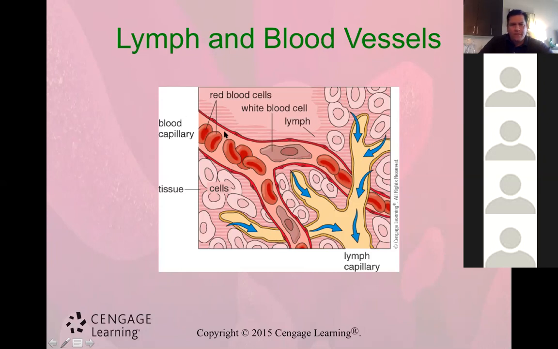For example, here you have a blood capillary where the blood travels inside, but in a parallel way you have the lymphatic vessels here, and any waste product that comes out of the walls of the circulatory system then enters the lymphatic system. That's the function, taking the waste product.